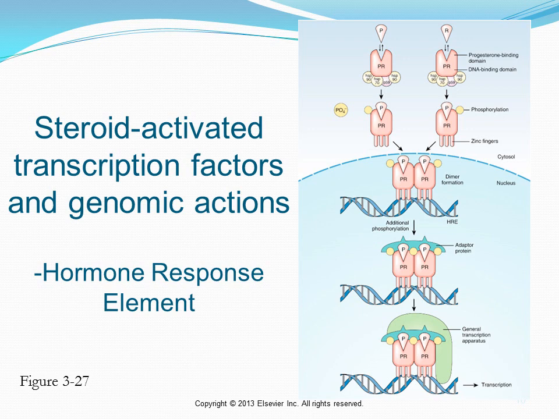Then the receptors go into the nucleus, and notice now they have zinc fingers, and they form a homodimer. So two progesterone receptors come together. That allows for something called an adapter protein to bind to it.